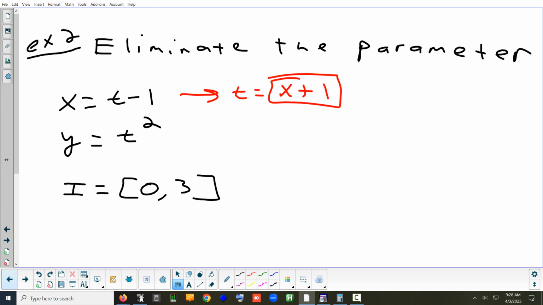So now we've got a formula for t. And Jalen, what am I going to do with that x plus 1? Where are you going to substitute it? In this equation? Oh yeah, the other one. And can you tell me where you're going to put it in this one?